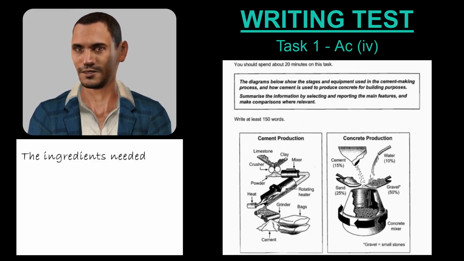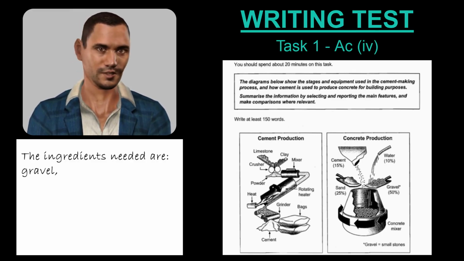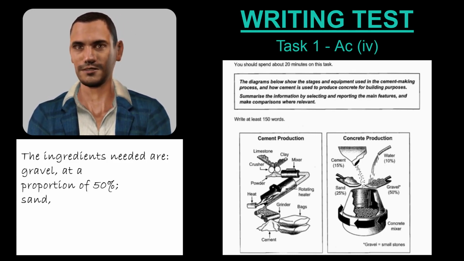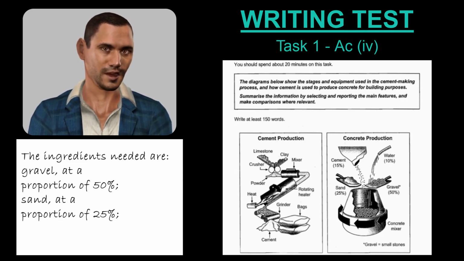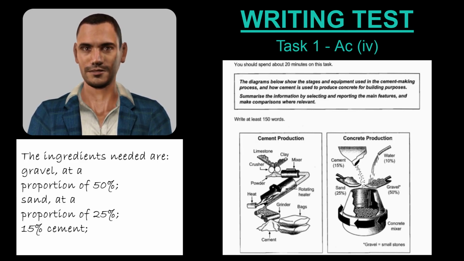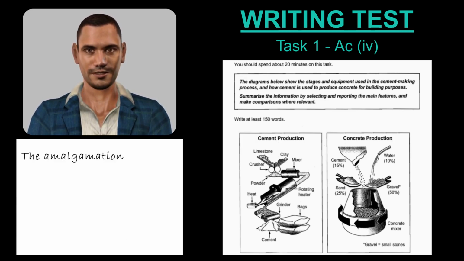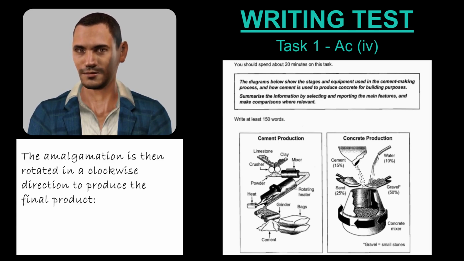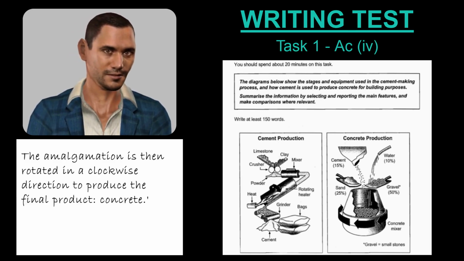The ingredients needed are gravel, at a proportion of 50%, sand, at a proportion of 25%, 15% cement, and, lastly, 10% water. The amalgamation is then rotated in a clockwise direction to produce the final product. Concrete.